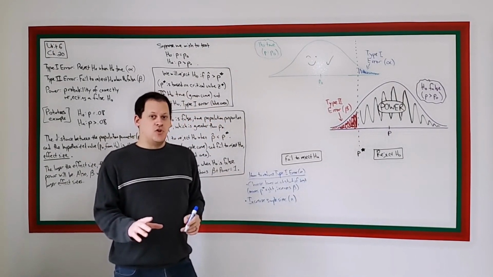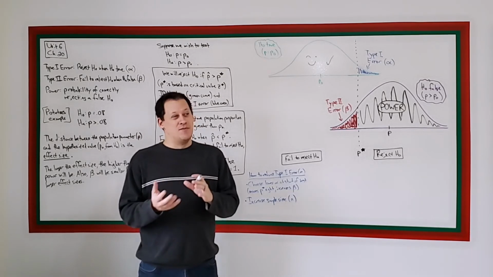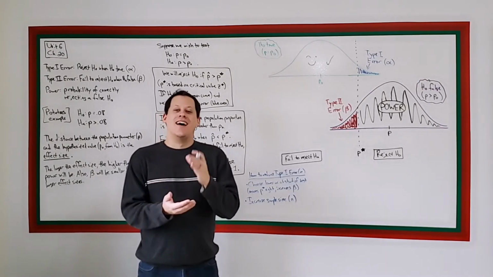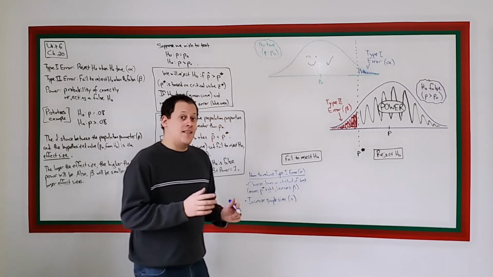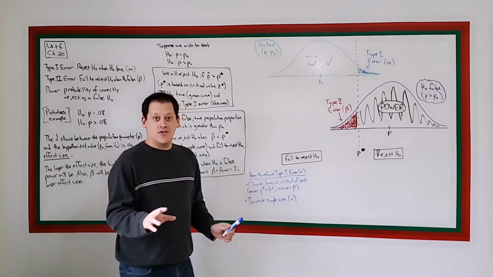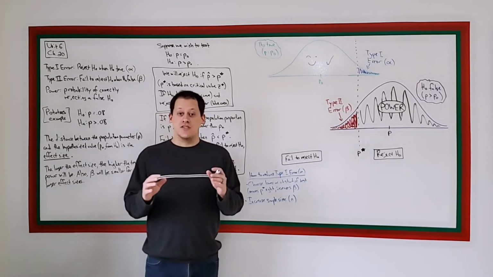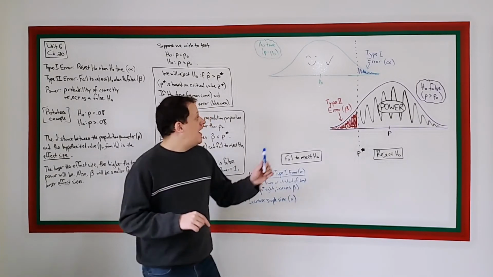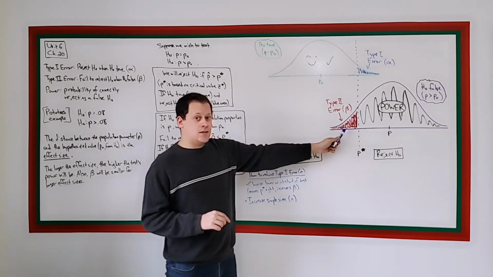The sampling distribution of p hat has a mean and a standard deviation. Okay, the sample size affects the standard deviation. If you increase the sample size, that standard deviation is going to go down. That's actually going to change the shape of this curve and this one.